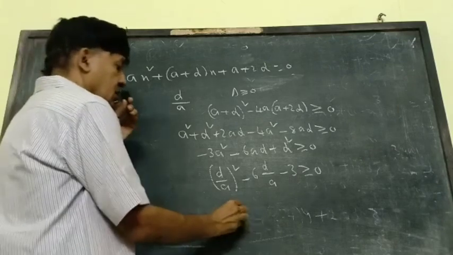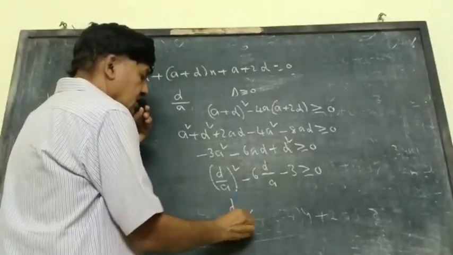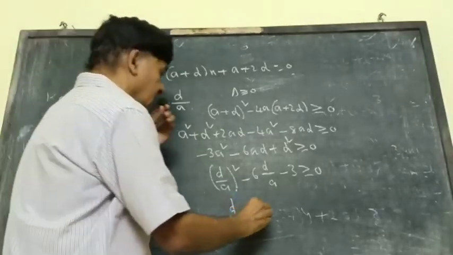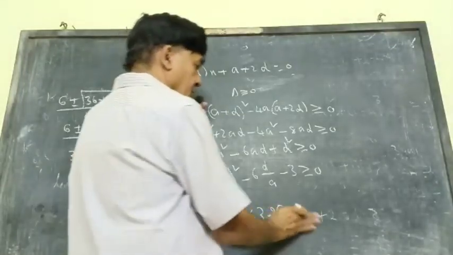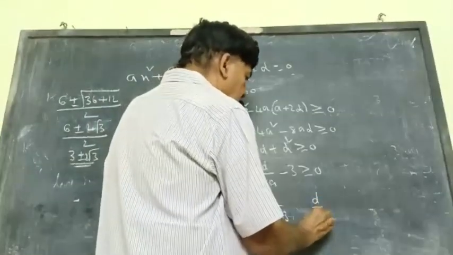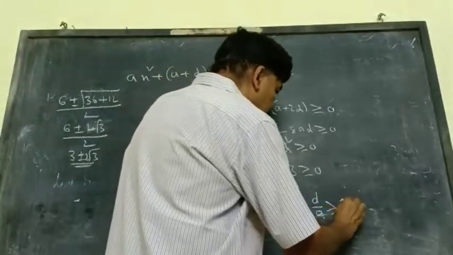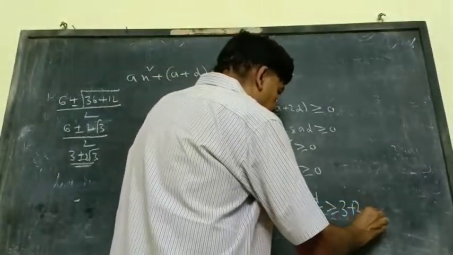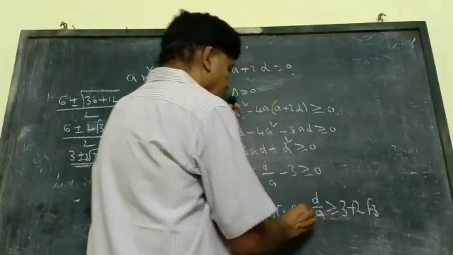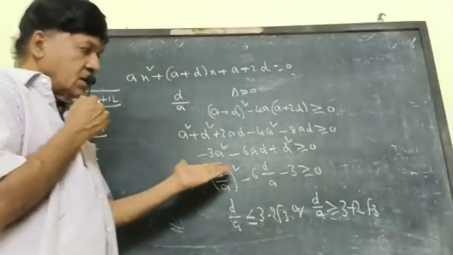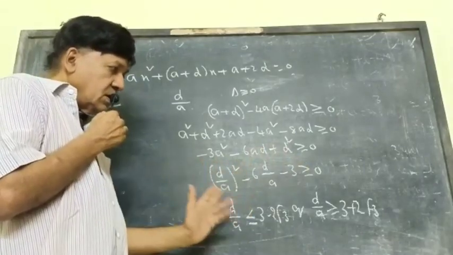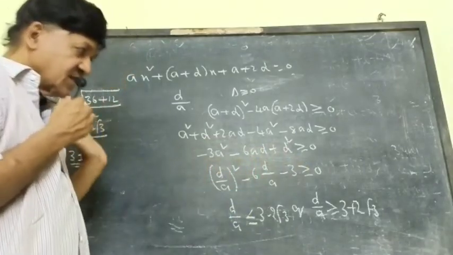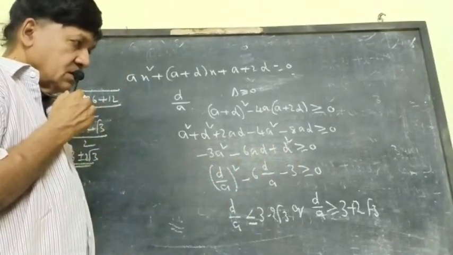So D by A will be less than or equal to 3 minus 2 root 3, or D by A greater than or equal to 3 plus 2 root 3. Yes, in a quadratic inequality greater than or equal to 0 with positive leading coefficient, D by A does not lie between the roots. This is what you got.